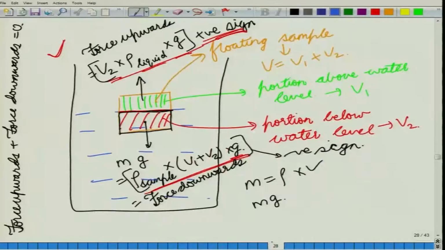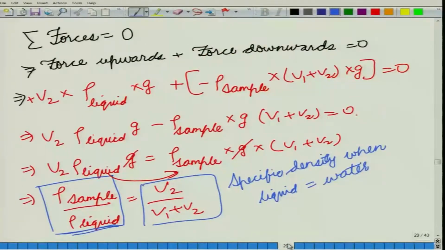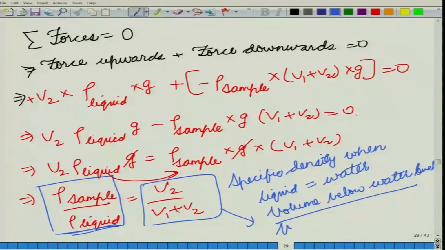Now what is V2? V2 is the portion that is below water level. So this is equal to the volume below water level divided by the volume of sample.